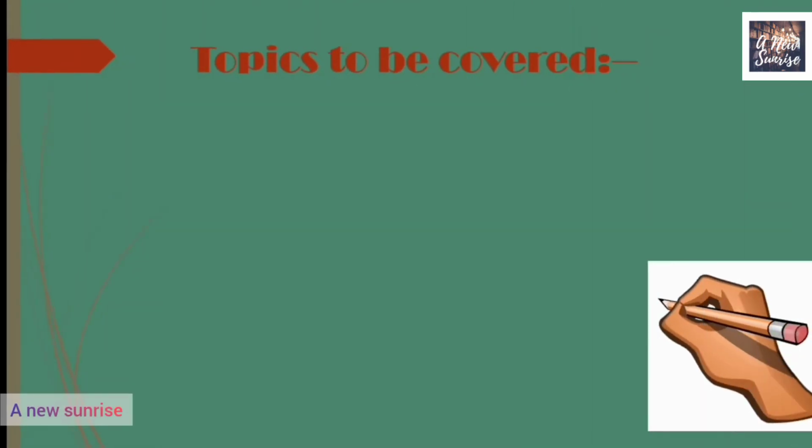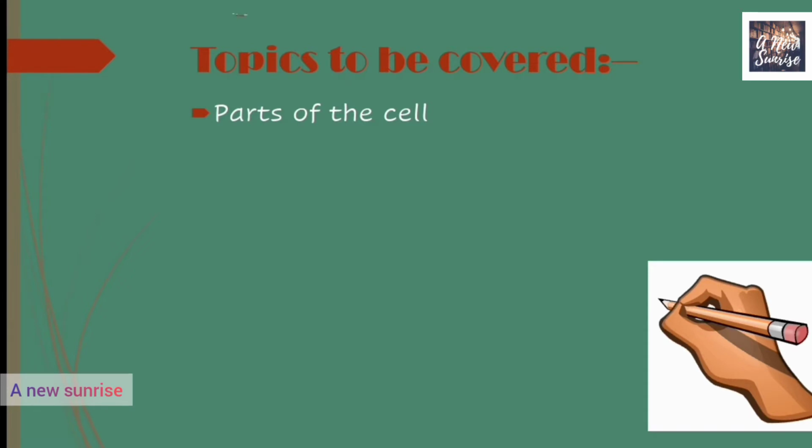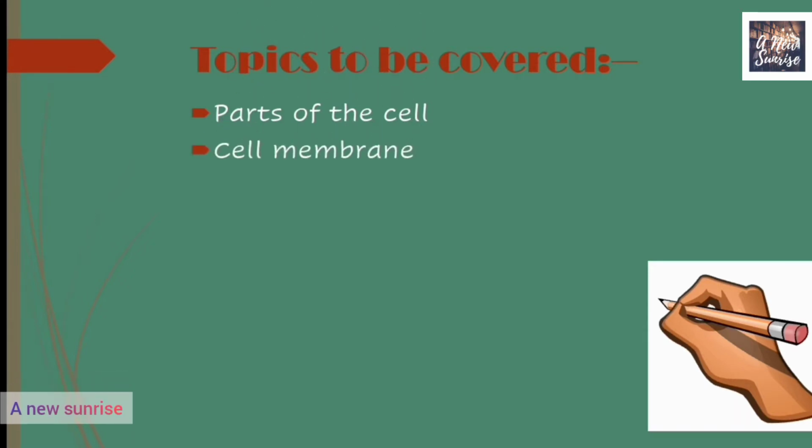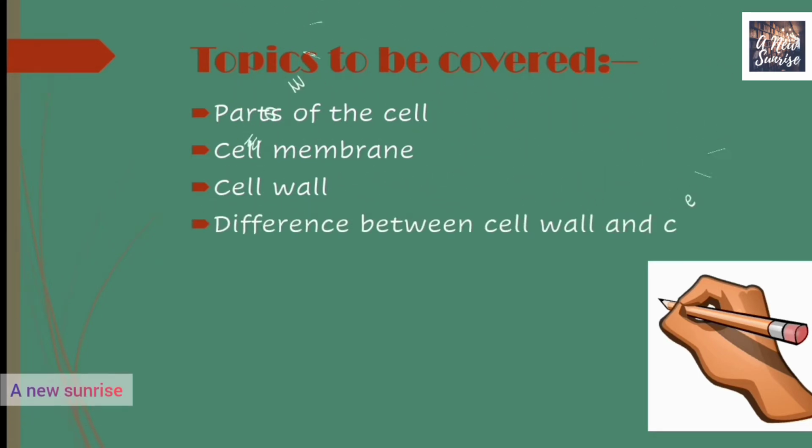First of all, before starting the chapter, let us see what topics we are going to cover in this video. The topics are parts of the cell, cell membrane, cell wall. Then we will learn about differences between cell membrane and cell wall.